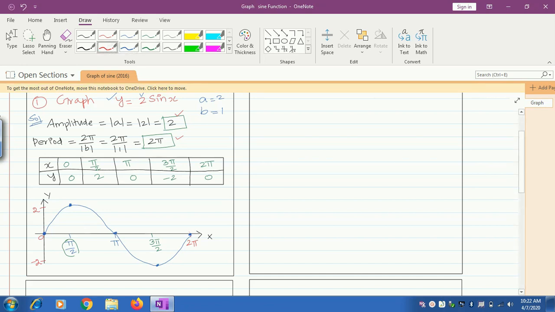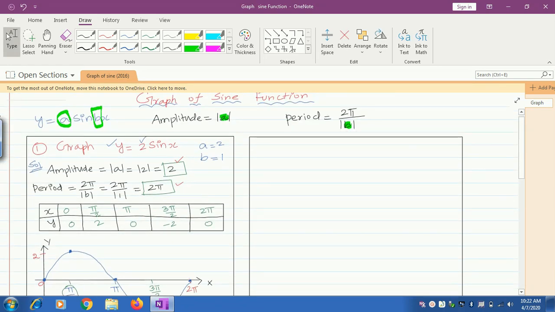Now we will take another example. Here you have graph y is equal to minus 2 sine pi over 2 x. Okay, the same rule.